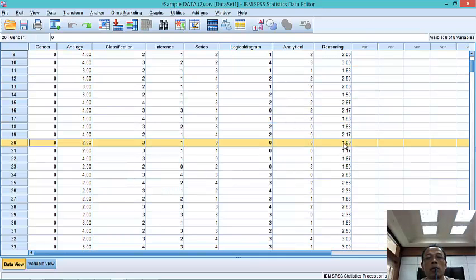If you notice, this listening skill is equal to 1, meaning the answer is higher than 1. So the program says case number 20 is the outlier.